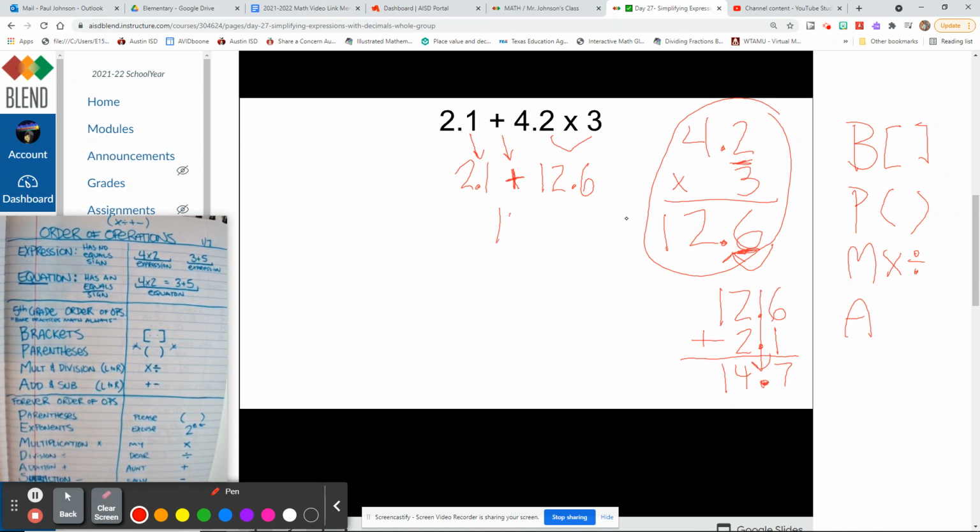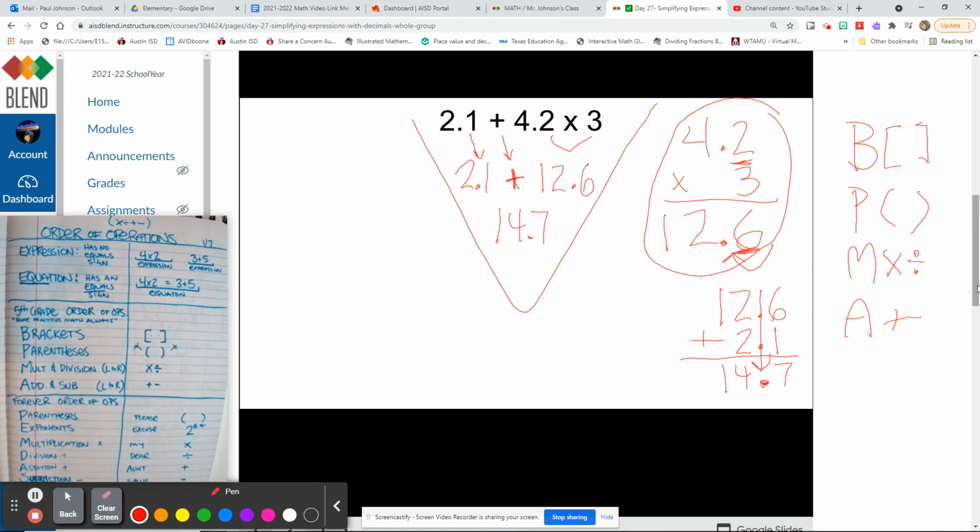So our answer was 14 and 7/10. All right, so this is the correct answer. And I forgot to say we're on our addition and subtraction step when we finally did add, but we only had one step left. But it is important to understand that we did all the multiplication and division before we ever started to add and subtract.